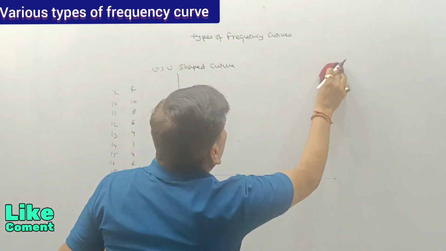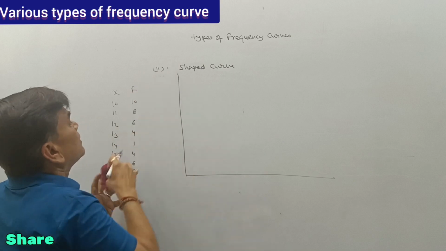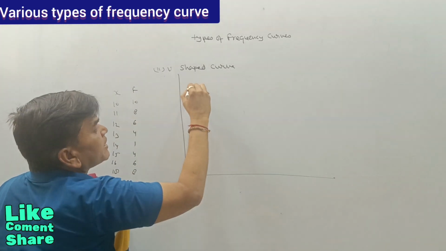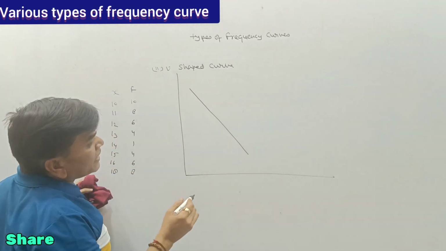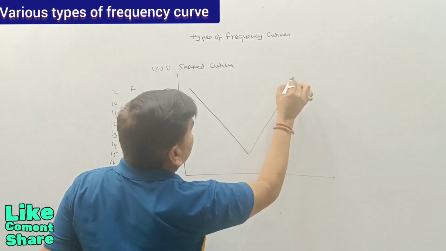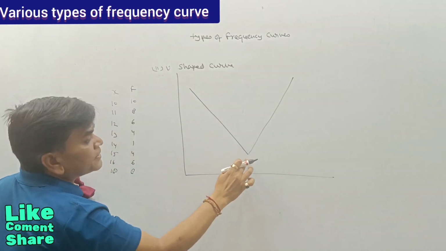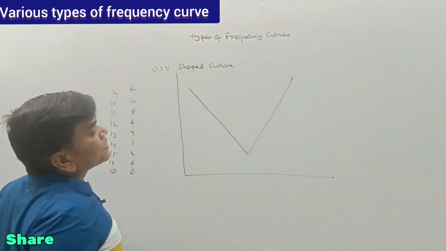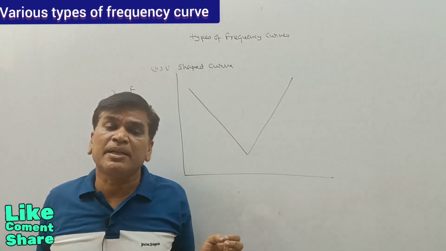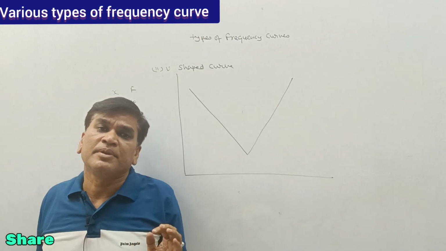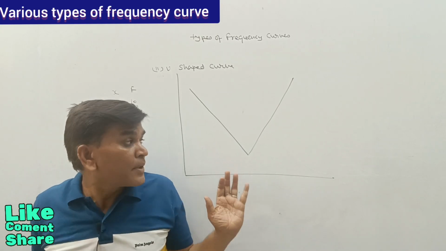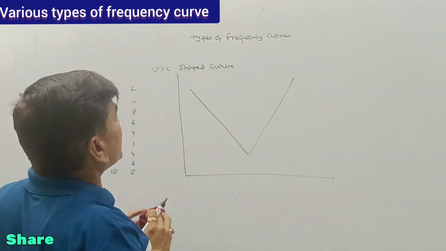In this particular condition, the frequency decreases at a speed and at the same speed it is increasing. So this will be called a V-shaped curve. So there may be many types of frequency curve.